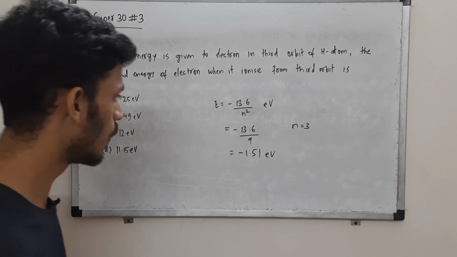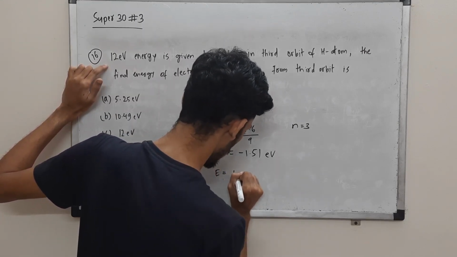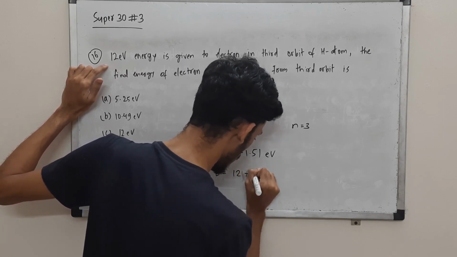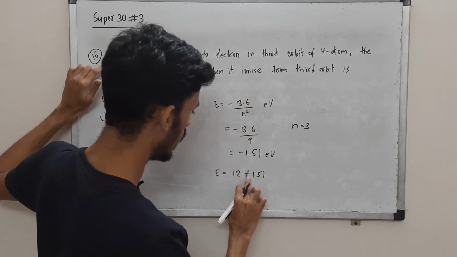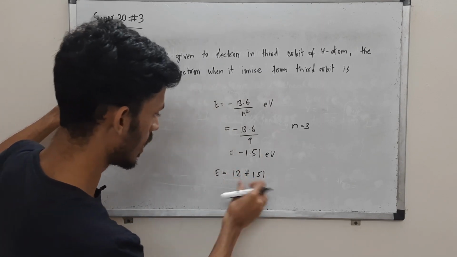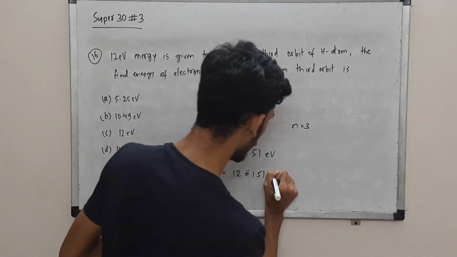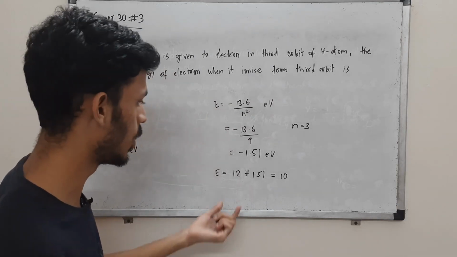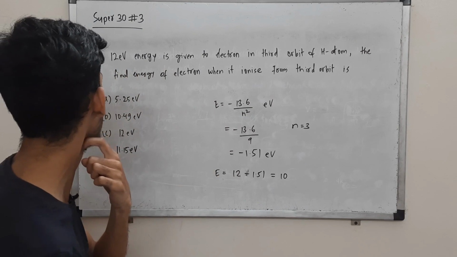Now you supply 12 electron volts. The energy that you supply is 12 electron volts, and the energy in the orbit is the binding energy which keeps the electron in that orbit, right? So the supplied energy minus the binding energy will give you the effective energy, which is the energy when we ionize it.